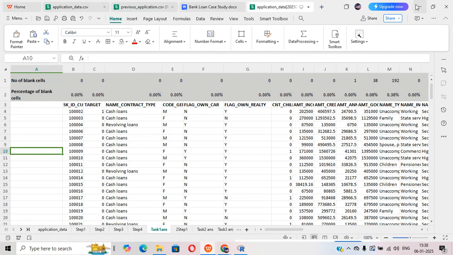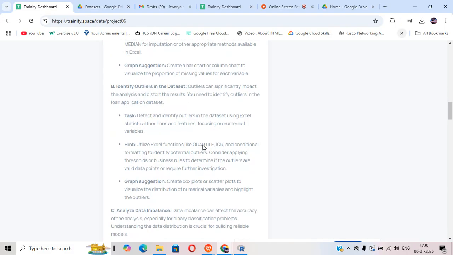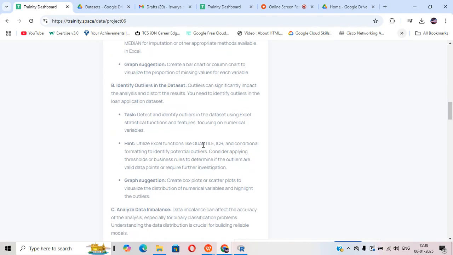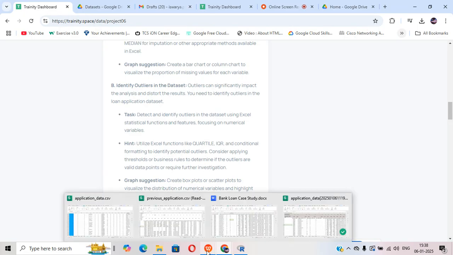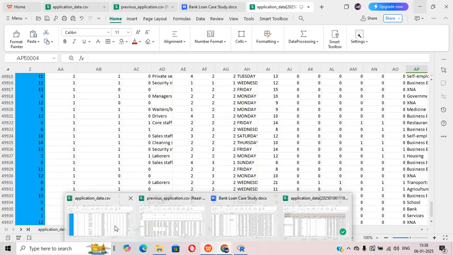Moving to the second task. The second task is identifying outliers in the data set. They told us to use quartile, IQR, and conditional formatting functions.